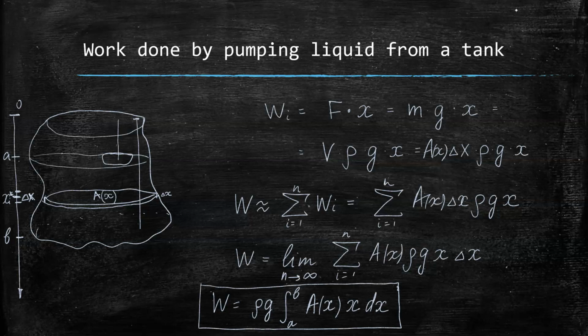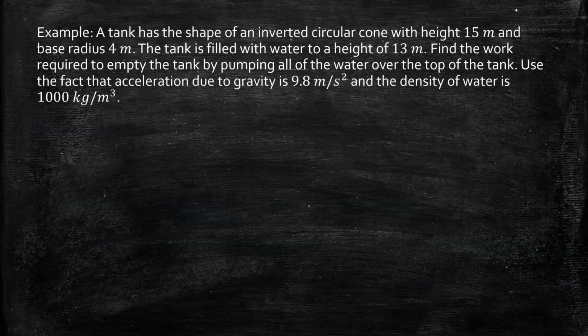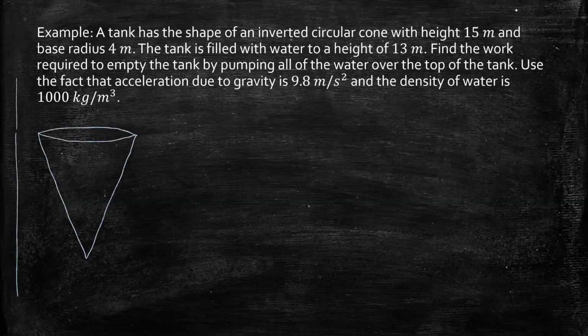And let's take a look at this following example. A tank has the shape of an inverted circular cone, and I'm going to draw the cone. The height is 15 meters, so I need that to set up the coordinate axis, right? So we start, this is 0, this will be 15, and base radius is 4, so this is 4.